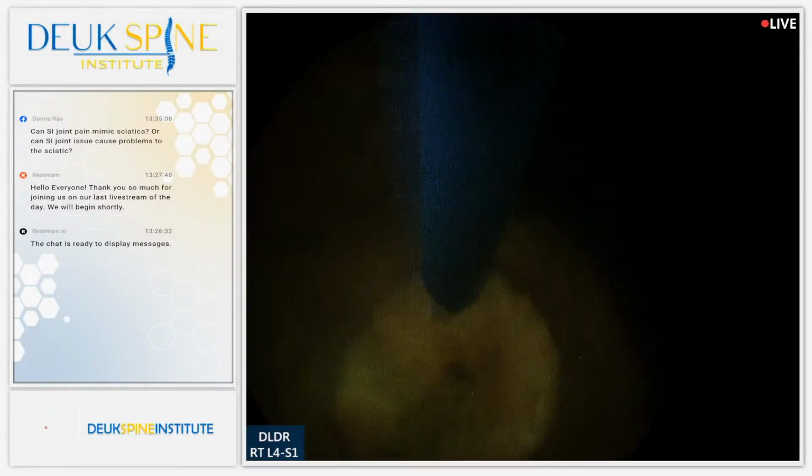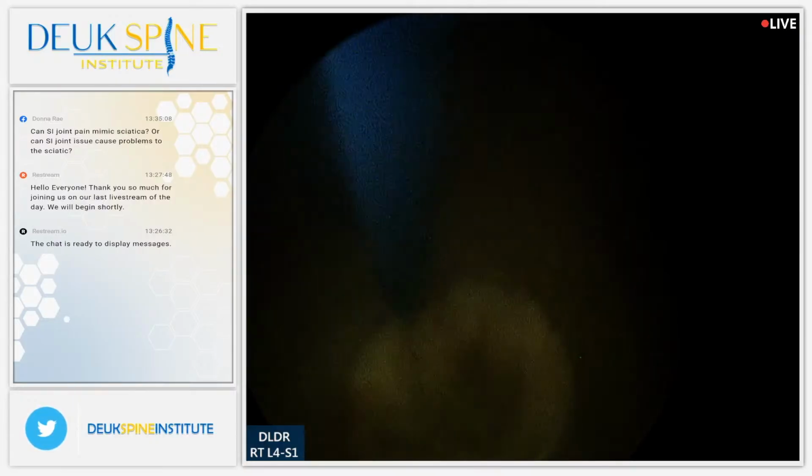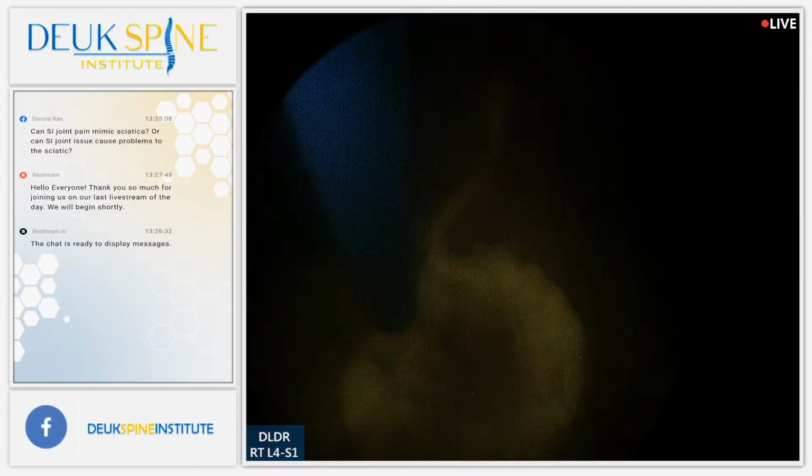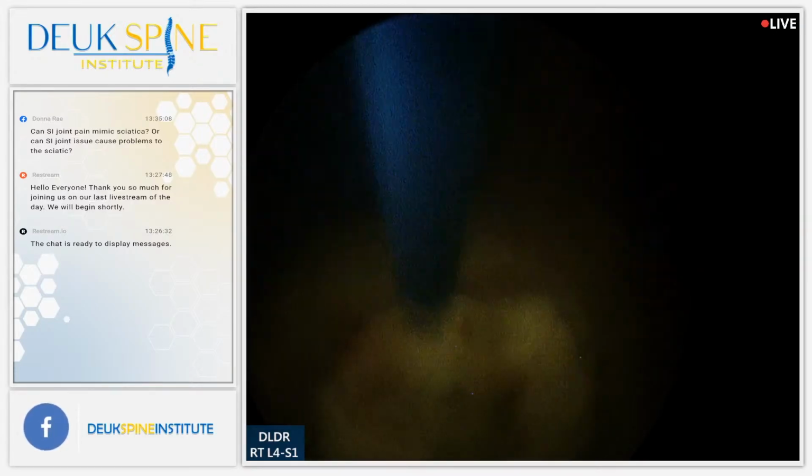And it can also cause pain in your inguinal area where your hernia would be, an inguinal hernia. So yes, it can go to different areas, and in different patients, it manifests itself differently.